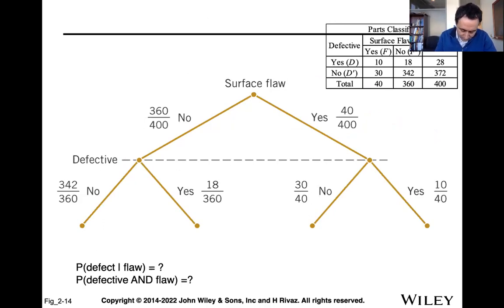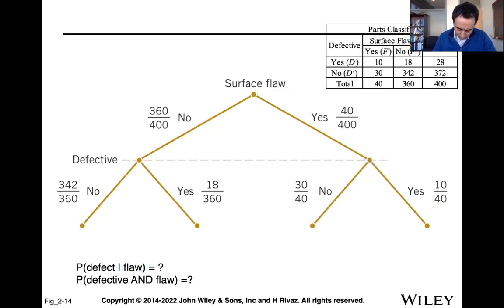Given flaw, I know that I have to go and look at the node that tells me that the part has a flaw. So flaw is actually here. Once I see that, I immediately come here and I say defect, yes. So that is 10 divided by 40, right?